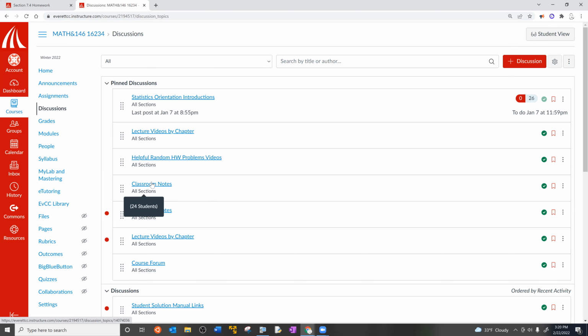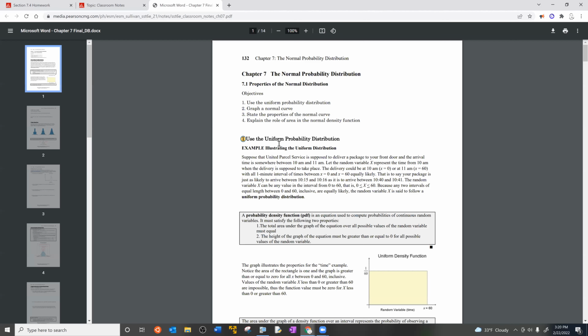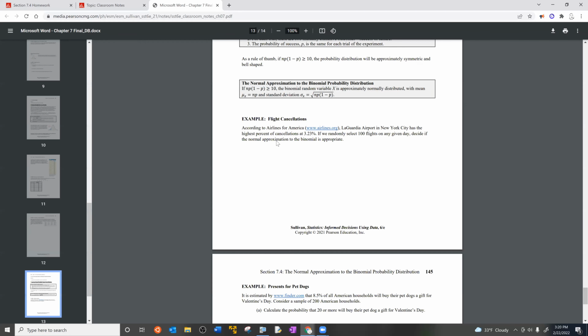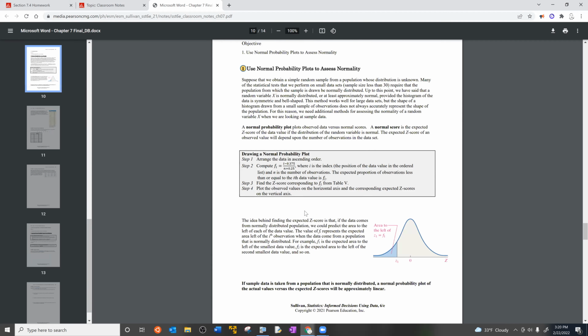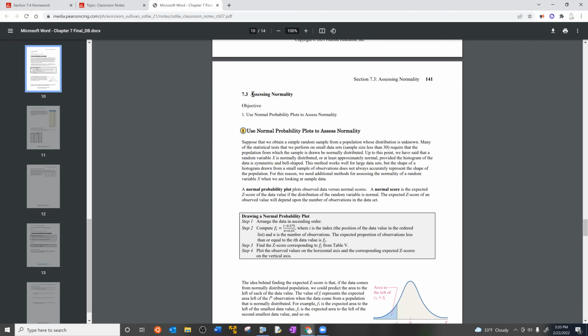So our class notes, and we're going to pull up 7.4. And we'll go to the section. See, 7.3 was skipped. And in 7.3 they talked a lot about assessing normality.